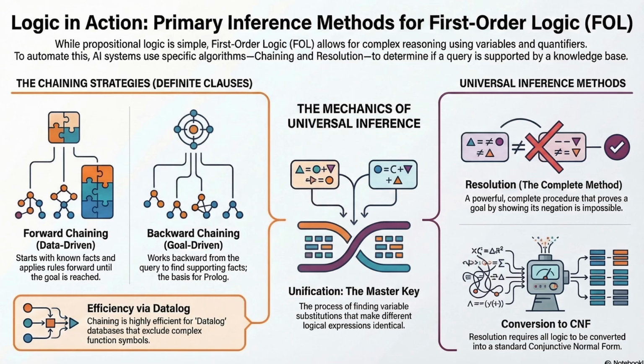RETE. R-E-T-E. The notes say it means net. Yes, Latin for network. I want you to imagine a giant Plinko board or maybe a really complex system of water pipes. At the top, you pour in the facts. The nodes in this network are the specific conditions of your rules. Okay, visualizing the pipes. Let's take the rule American and weapon and hostile. When the fact West is American drops in, it hits the first node.